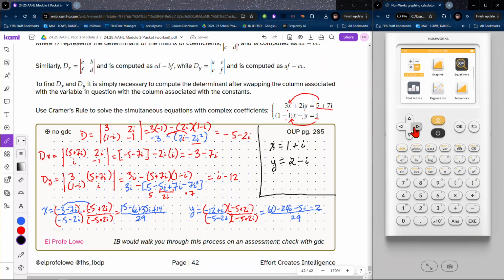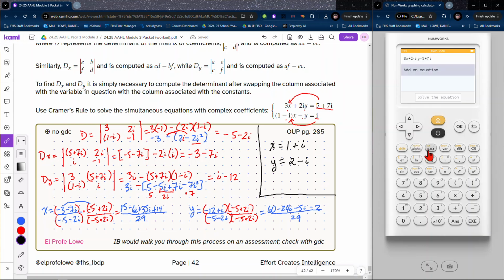What's nice, if we want to check our answers, our NumWorks calculator will do this work very nicely. So I have 3x plus 2 times i times y equals 5 plus 7i. So there's my first equation.